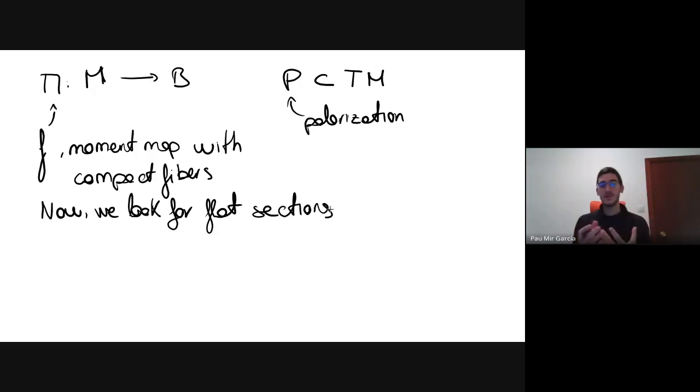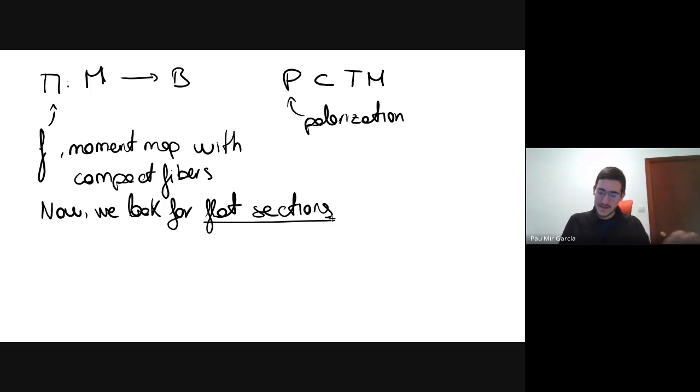So we have fibration, we have leaves or fibers associated to these fibrations, and on these leaves, which are the leaves of the polarization, we are going to look for sections which are flat on the leaves, and we will see what's the meaning of being flat on a leaf of the polarization. And we look for flat sections of this polarization.